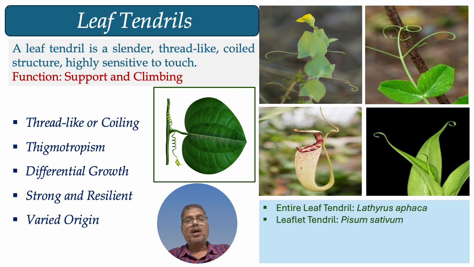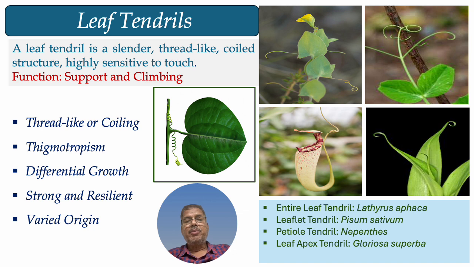Some of the examples: the entire leaf is modified into a tendril in wild pea. Only some or all the leaflets of a compound leaf are modified into tendrils in common pea, that is Pisum sativum, and sweet pea, that is Lathyrus odoratus.